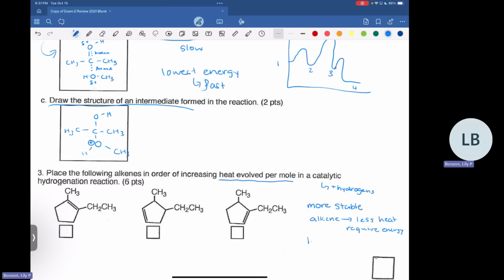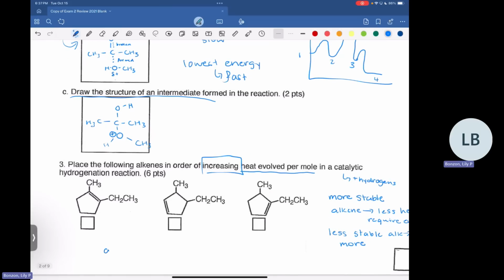For less stable alkenes, we're going to get more heat. So if it's asking for increasing heat evolved per mole, the highest is going to be the least stable and the lowest is going to be the most stable.